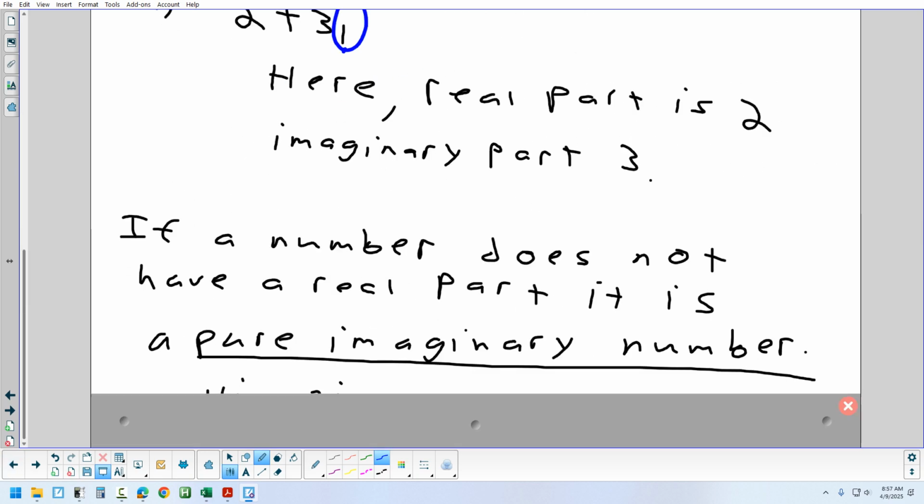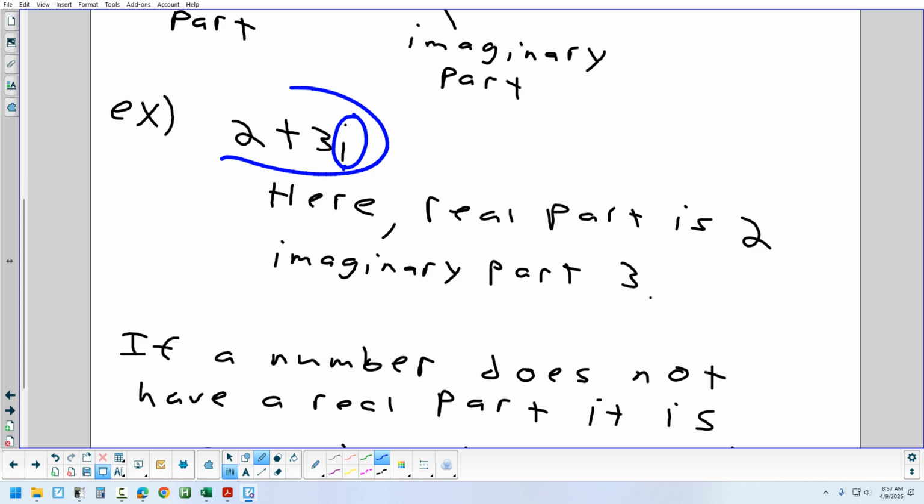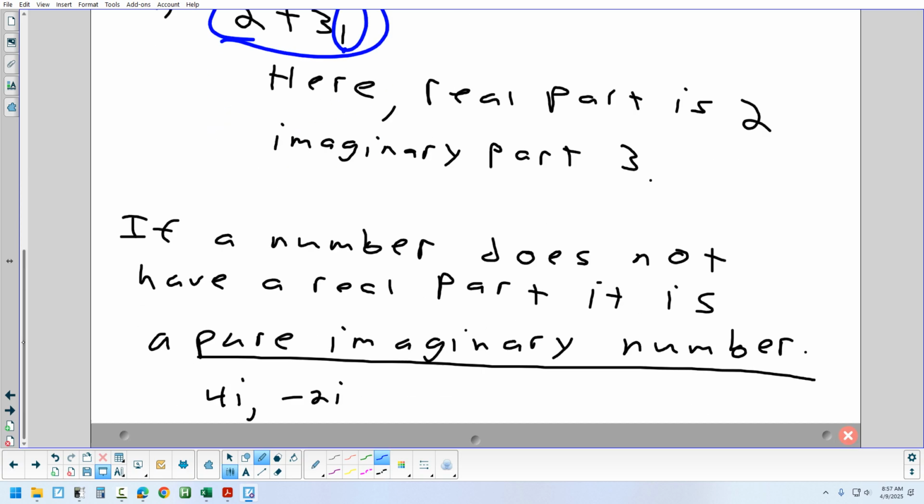So when you are writing complex numbers, sometimes it has a real part and an imaginary part, like that. 2 plus 3i has both. If you write down a number and it does not have a real part, like 4i, think of the real part as 0. 0 plus 4i.